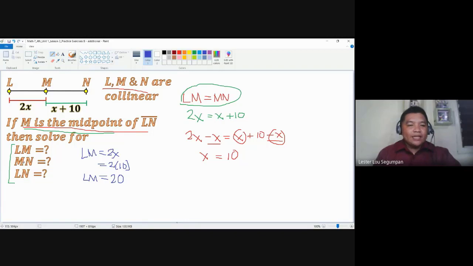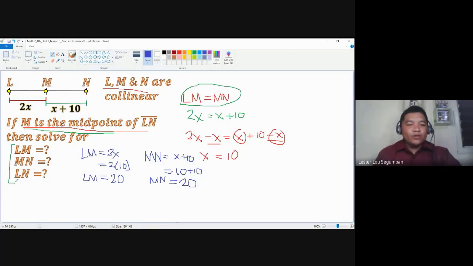As for line segment MN, you have here x plus 10, and x is 10, so 10 plus 10. Its measurement is 10 plus 10, which is 20.